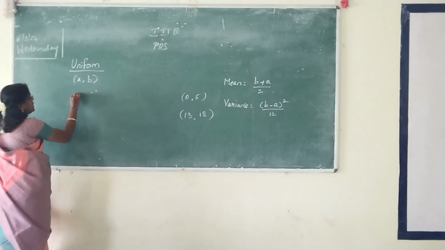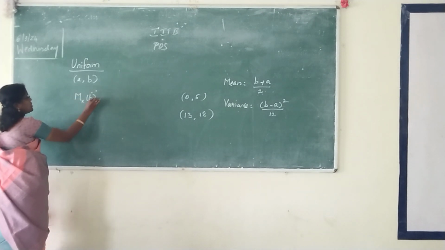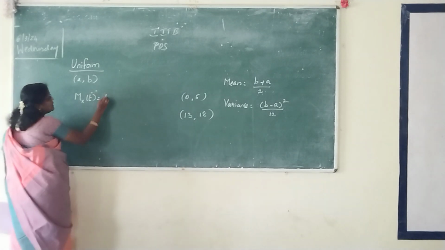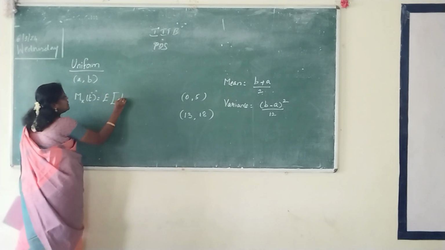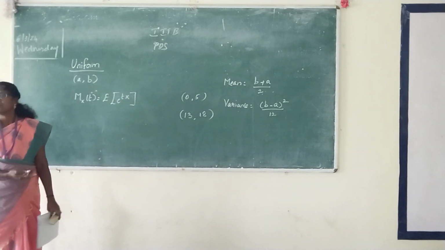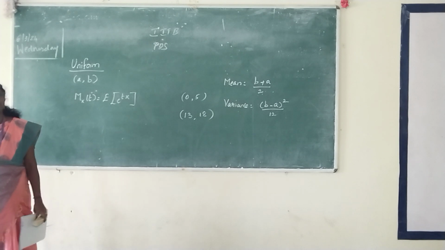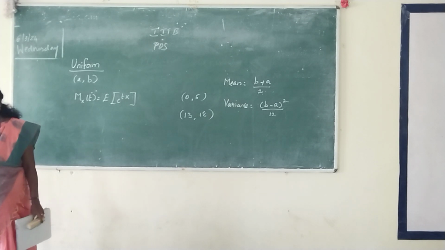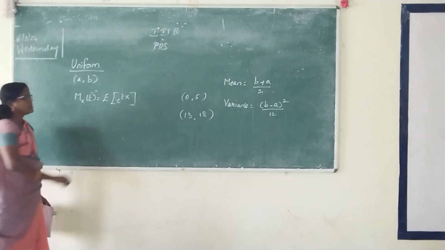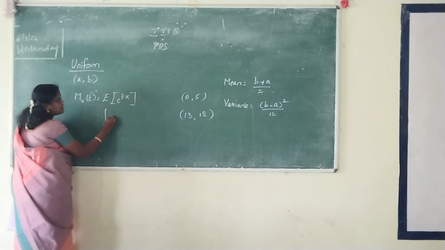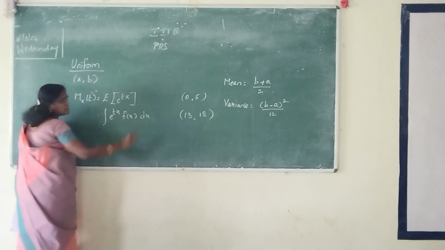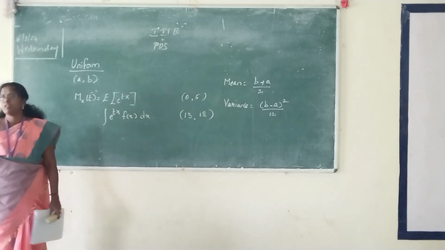What is M_X(t)? The definition: expectation of e to the power tX. Is this the discrete case or continuous case? Uniform distribution is continuous, so the formula is the integral of e to the power tx times f(x) dx. Substitute f(x). How do we define f(x)?